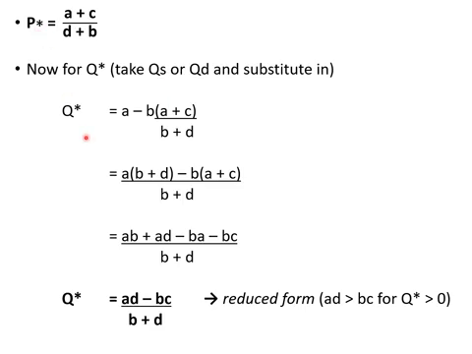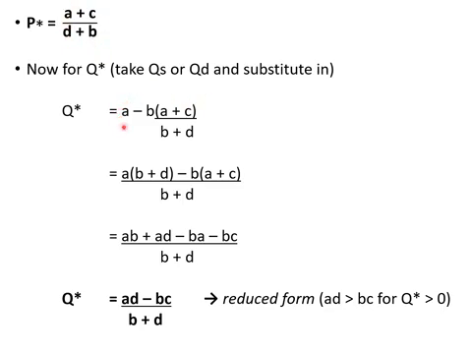All right, so here we've taken the equation for quantity demanded, which was A minus B P, and instead of saying P, we have substituted in the expression for equilibrium price.